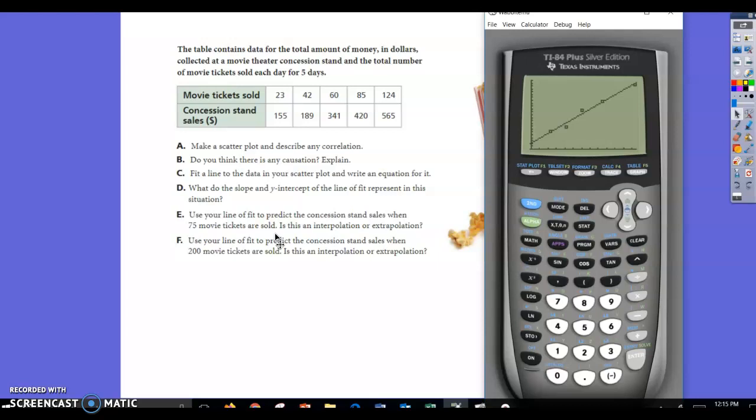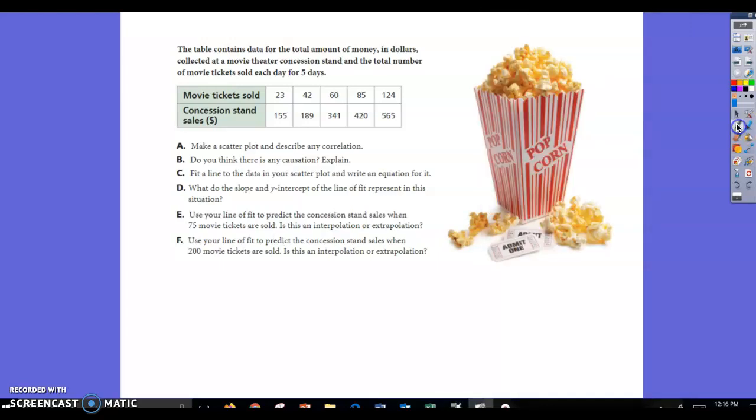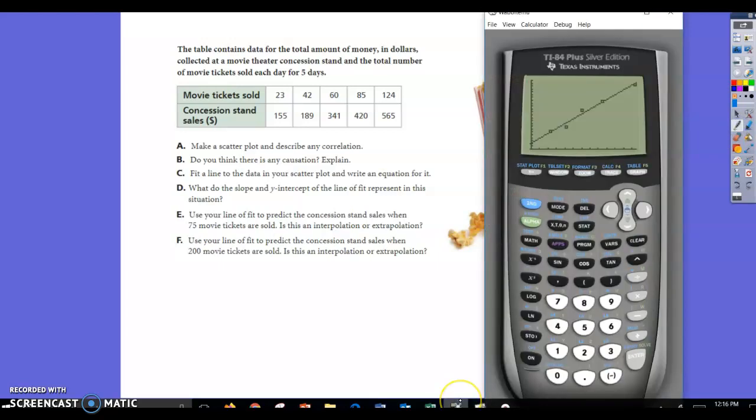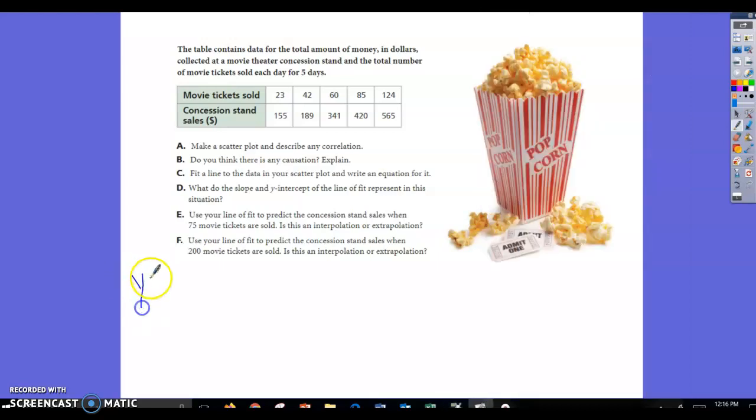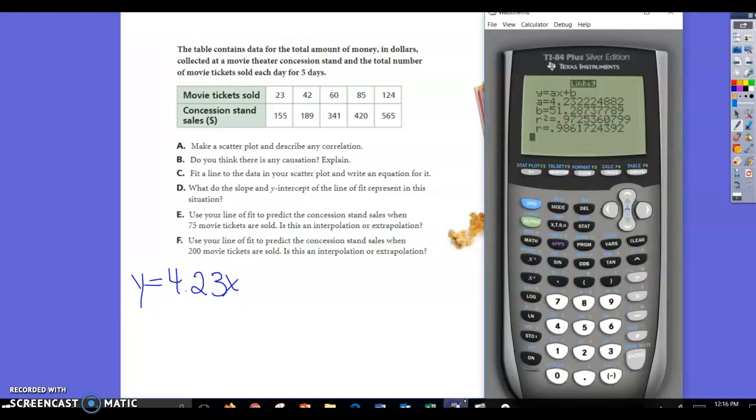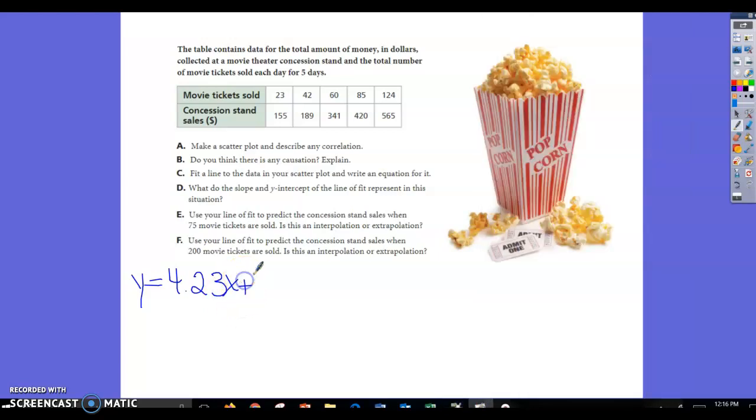All right, so we're going to take our equation. Let's write down our equation first. I'm going to calculate this one more time just because I want to be able to write it down here and use it. So I've got y equals 4.23x plus 51.29.